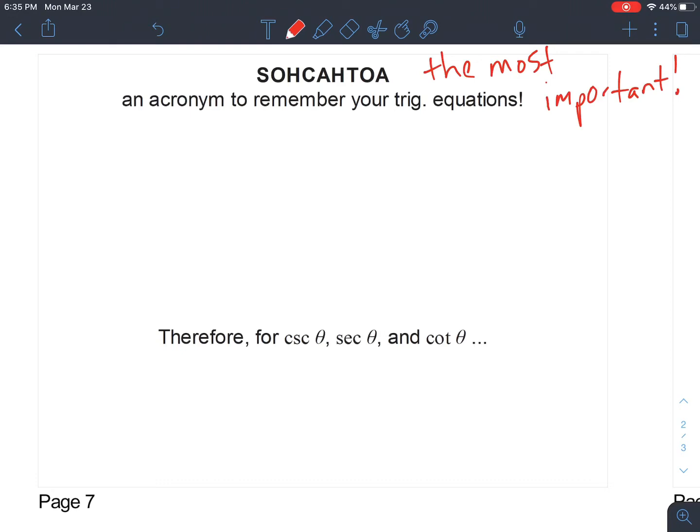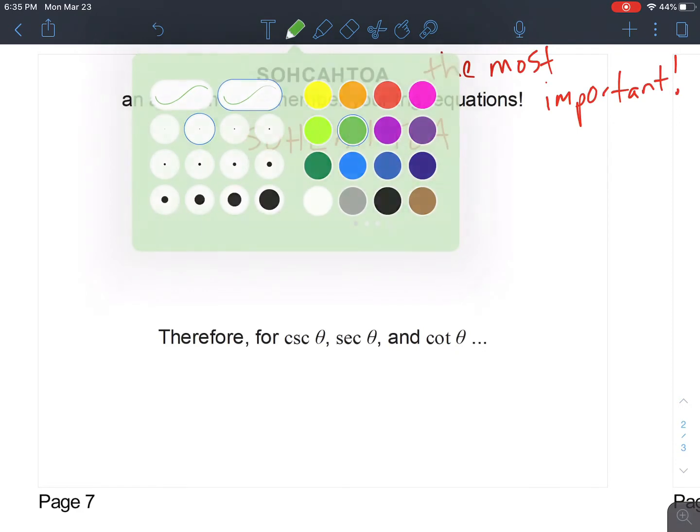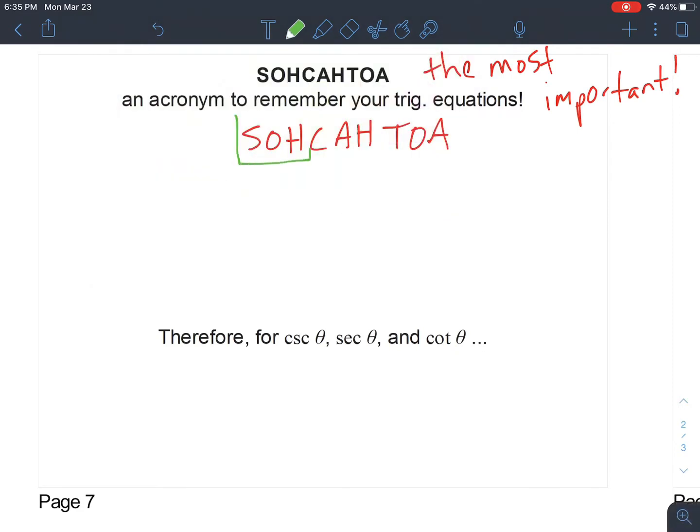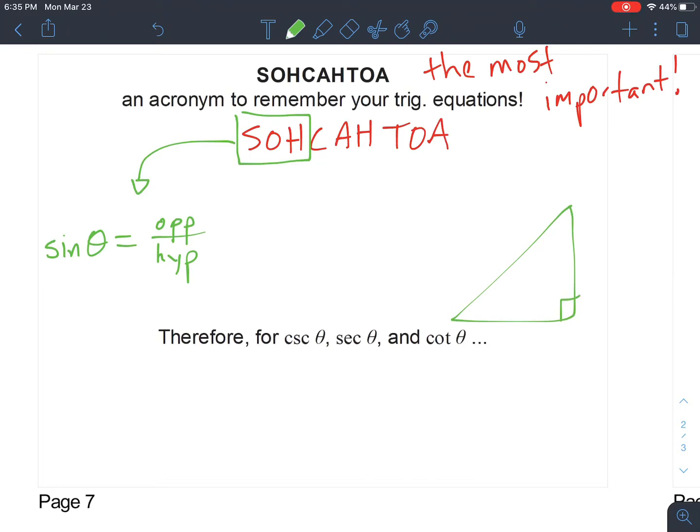So we're going to start, I'm going to write it down here again. And the reason I'm doing that is because I'm going to circle, or I guess maybe box, the first part, SOH. And the importance of SOH is that this tells us, and I should draw a triangle here as well.